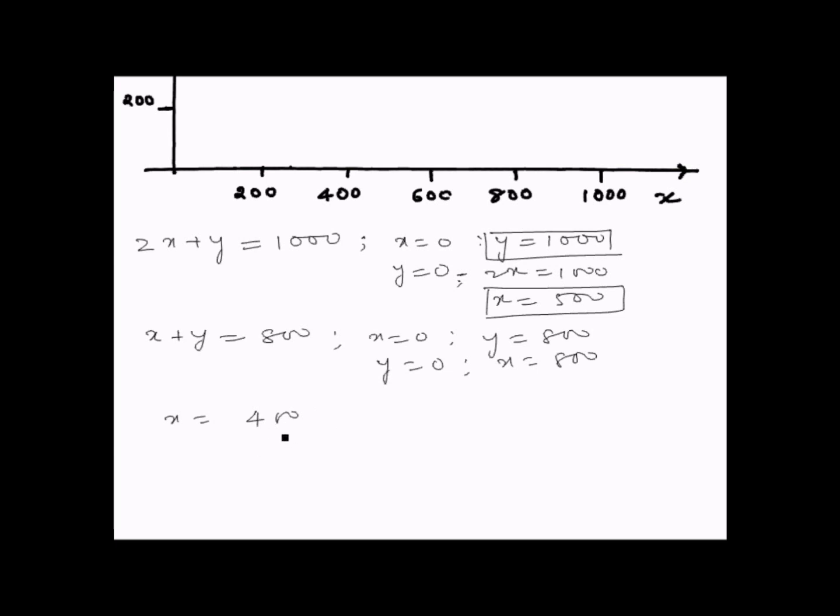So this itself is easy to plot. The next one is y equals to 700. So again, this one also has enough information for us to plot on the graph. So now let us draw these lines with this information.